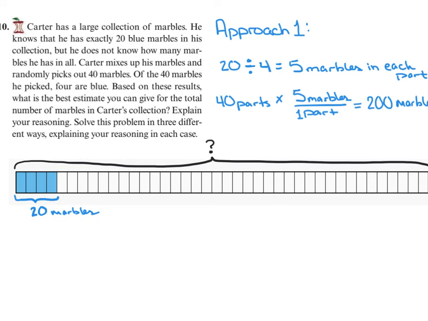So those 4 parts have 20 marbles, and 20 marbles over 4 parts means there's 5 marbles in each of these little rectangles. There's a total of 40 of these little rectangles. So 40 parts times 5 marbles per part means that the total would be 200 marbles.